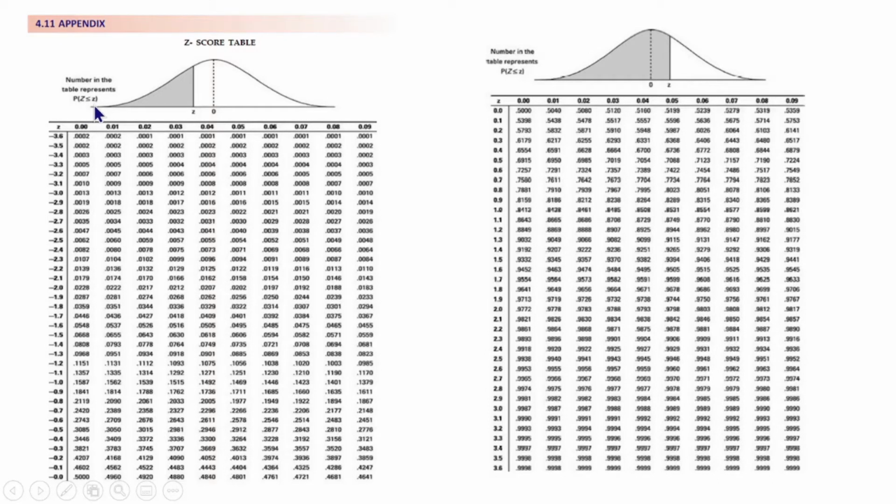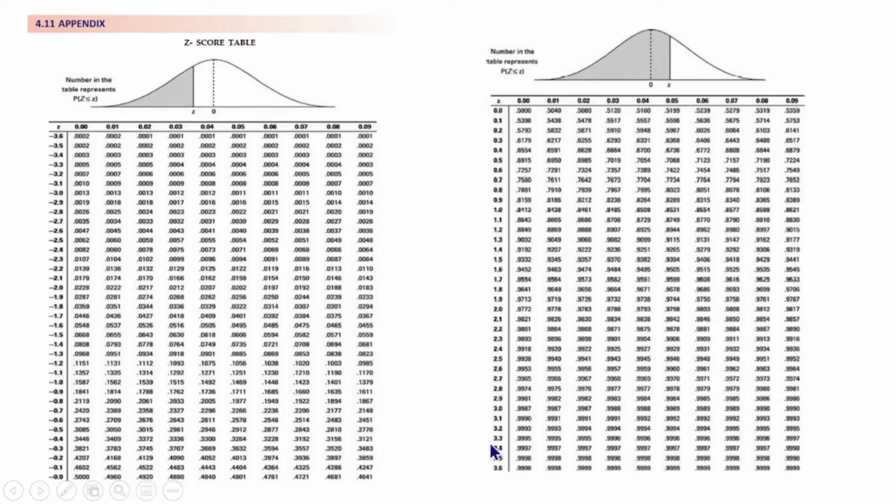That is the z-score that we calculate. So based on the value of this z, we can find probability of z less than or equal to the value. And it has got values from minus 3.6, 3.5 up to 0, then 0.1, 0.2 up to 3.6.